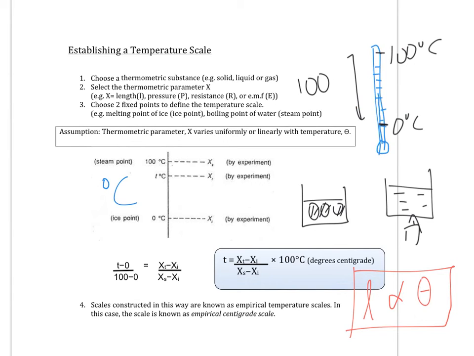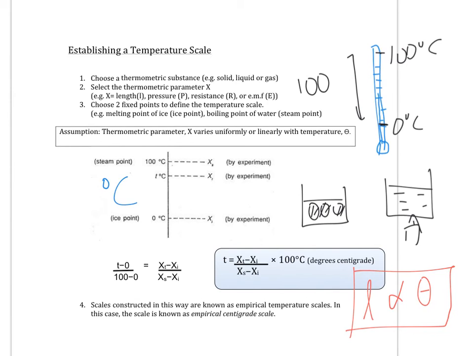So therefore, they use different fixed points, and they also assign different values, and so you will notice that 1 degree centigrade is not equivalent to 1 degree Fahrenheit. So these are all examples of empirical scales.